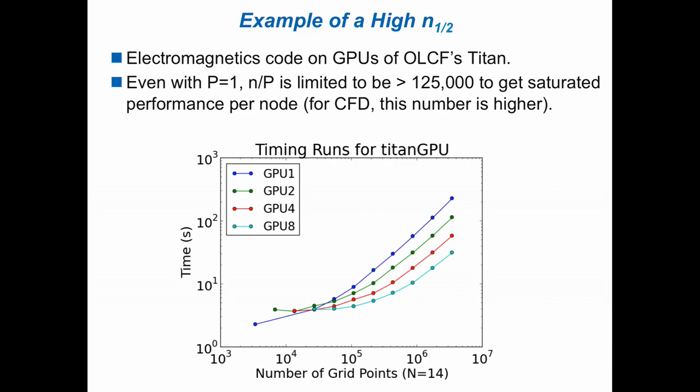So this is time: as I double the problem size, it takes twice as long, double, double, double. Conversely, as I cut by half, half, half, suddenly it doesn't go down by a factor of 2. So you can eyeball that it's about 125,000, which says if I have 250,000 points in my problem, I can only use 2 GPUs, not 4.